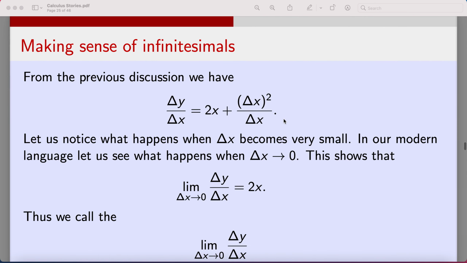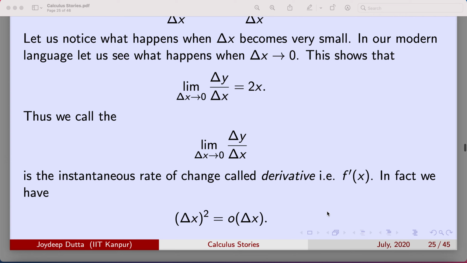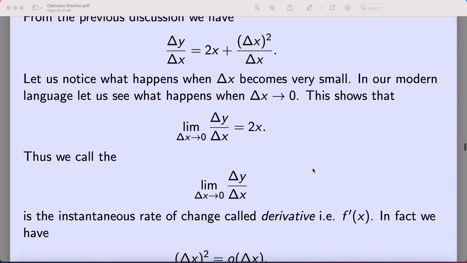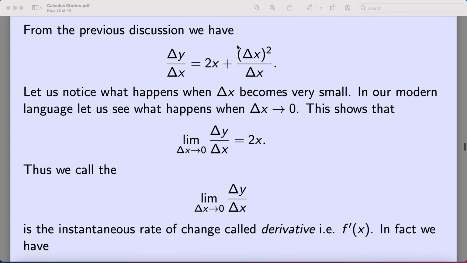So in our modern terms, we will also get 2x as the derivative. So this limiting process that we have done here was actually taken in a very implicit way when Leibniz threw off this delta x squared. Any quantity, so delta x squared is a quantity which vanishes faster than delta x. If you look at the graph of y equal to x, and if you look at the graph of y equal to x squared, when x is strictly greater than 1, the graph of x squared lies above y equal to x, the straight line which is passing through the origin and is at an angle of 45 degrees to the x-axis.